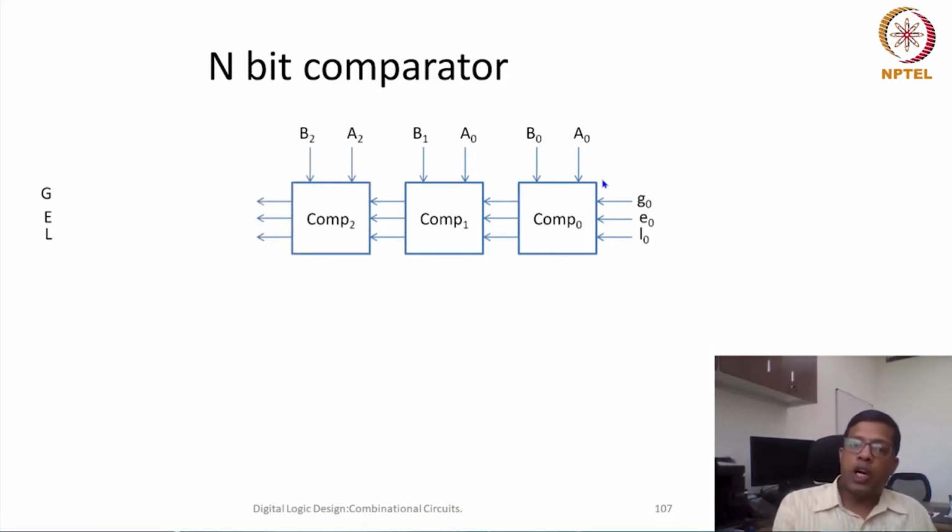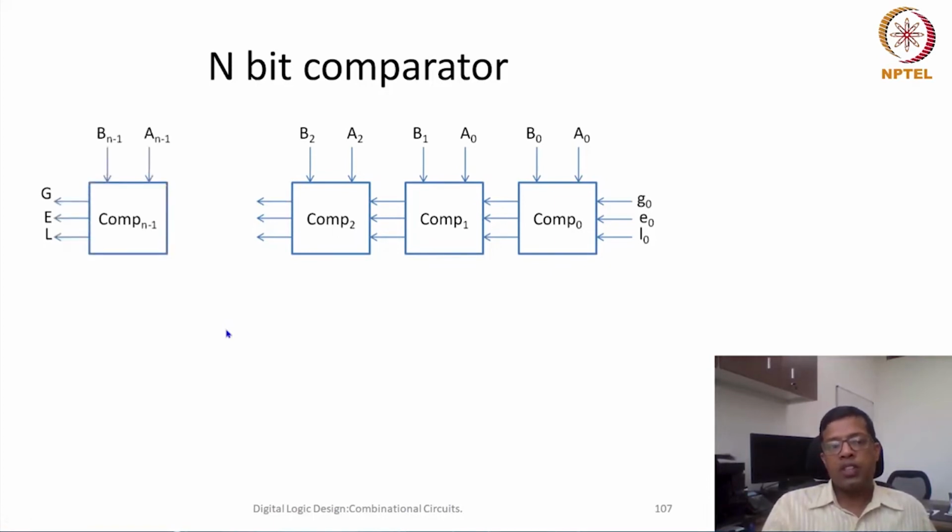Remember the output of my second comparator, COMP2, depends on all the bits from 0 to 2, let's say A0 to A2 and B0 to B2. This output tells me whether A is greater than B, equal to B, or less than B till the ith bit. So it's comp i, and that tells us, till the ith bit, which one was bigger or smaller.